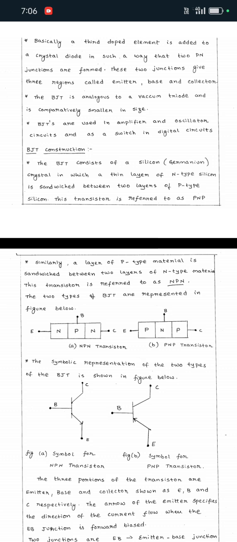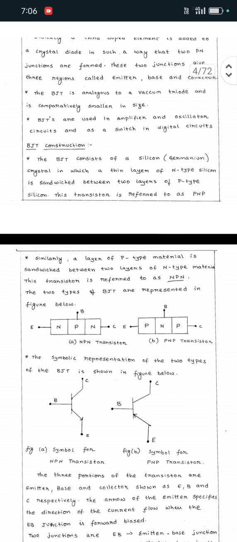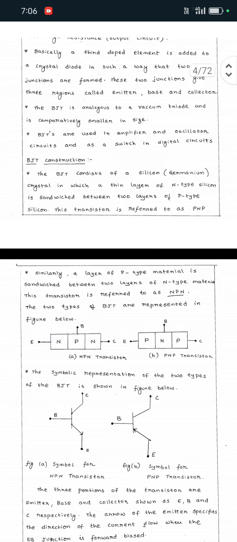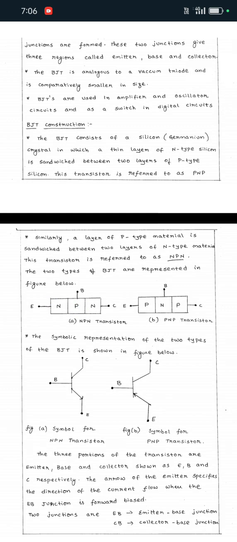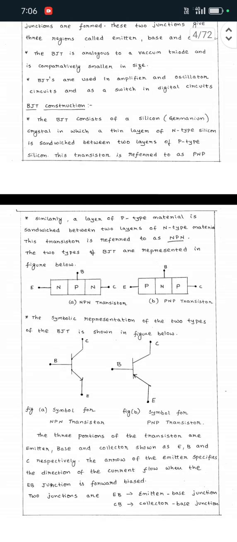construction of BJT. The BJT consists of a silicon or germanium crystal in which a thin layer of n-type silicon is sandwiched between two p-type layers. So the center is p type, and in that p type is sandwiched between the two layers of n type.